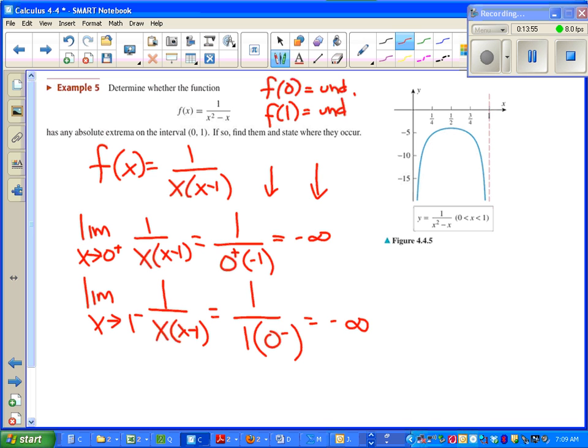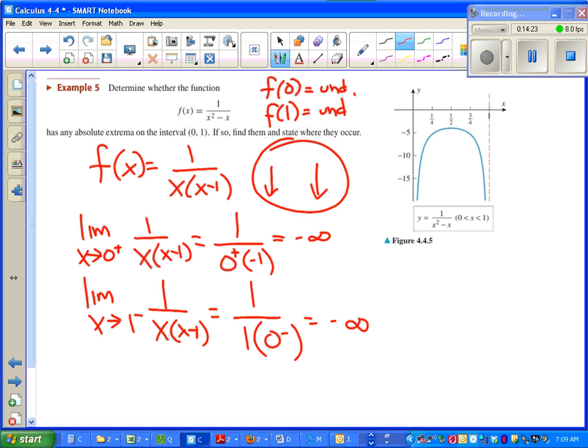So we do have the situation where both ends of the graph go down on the endpoints. They're not really endpoints because we don't actually touch. We have asymptotes. So we must have a maximum somewhere in between those two asymptotes because the function is continuous everywhere else. So to find that, we have to find the critical numbers of the original function.